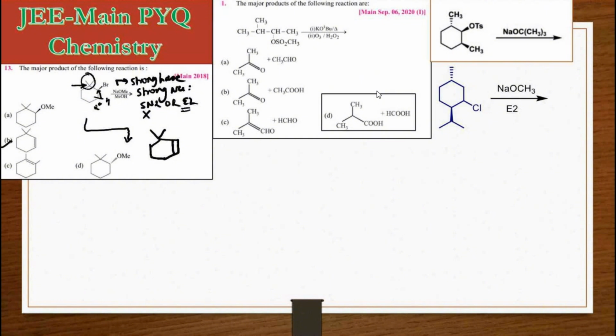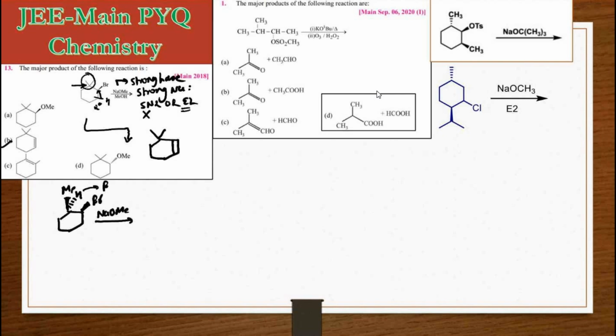What if you have, suppose, this question in which the Pr is above the plane, methyl is also above the plane and the hydrogen is below the plane. Instead of methyl, let's say you have a hydrogen here and you are using the same reaction condition, sodium methoxide. Then in this case you have one more beta hydrogen and this beta hydrogen is anti-periplanar to the leaving group.